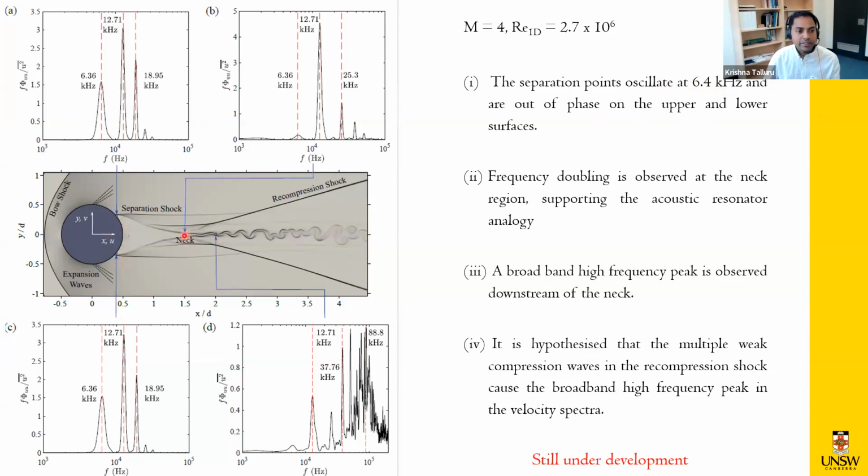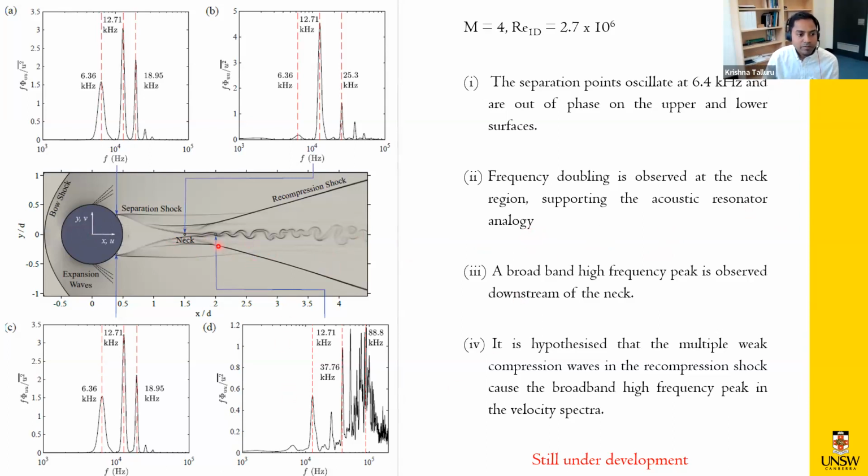And at the neck region, which is shown by the spectra plot in B, we observe the dominant frequency is the second harmonic, or the first harmonic of 6.36. So the frequency doubling happens because the disturbances from these two separation points contribute to doubling the frequency. And it also supports the acoustic resonator analogy that we discussed based on Lighthill's criteria.